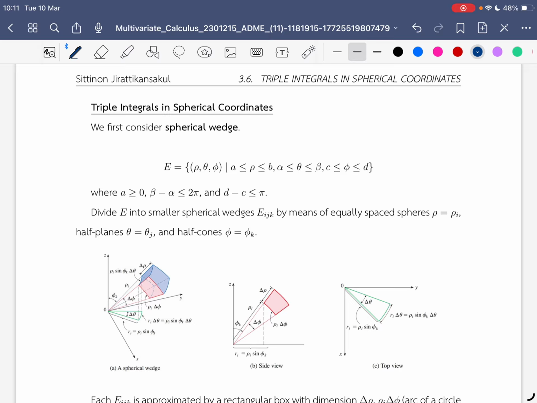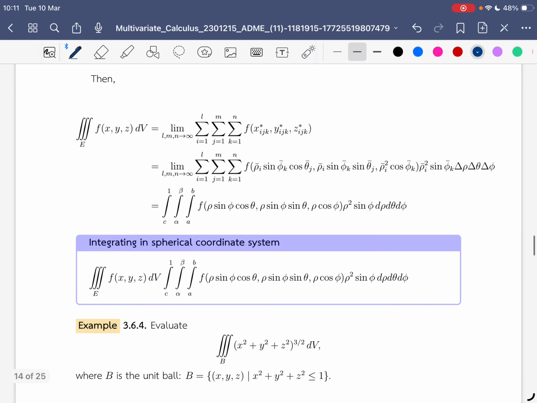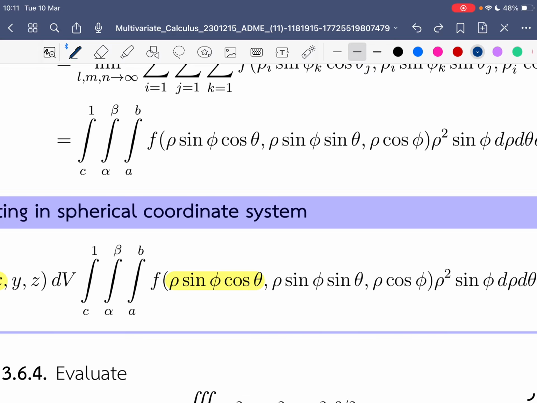So first, you change x to rho sine phi cos theta, or rho cos theta sine phi, if you prefer.